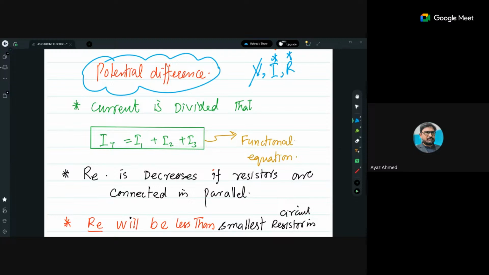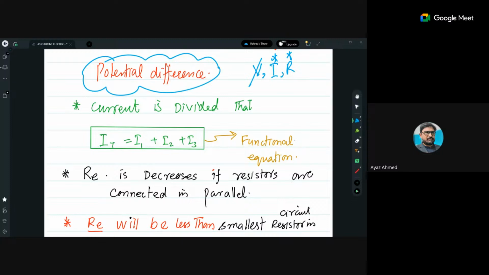The current is divided in such a way that if you combine all the currents you get the total current. So I1 plus I2 plus I3 equals I. Got it? This is the main equation defining the current.